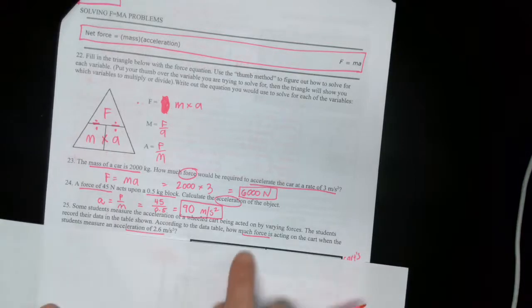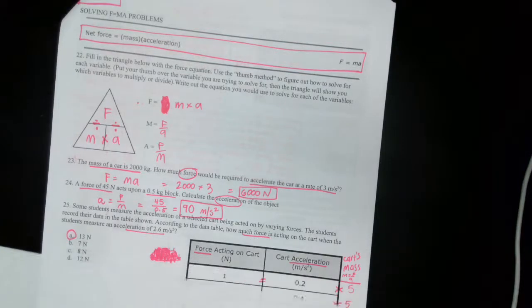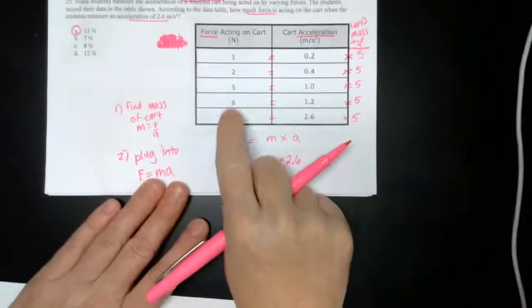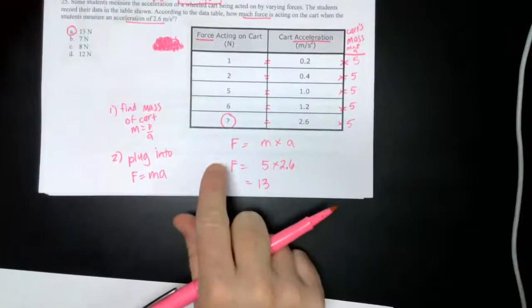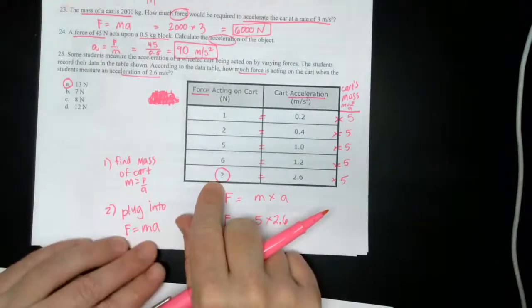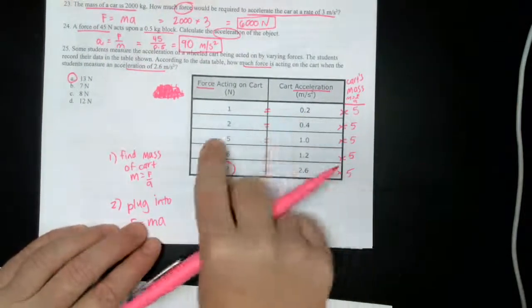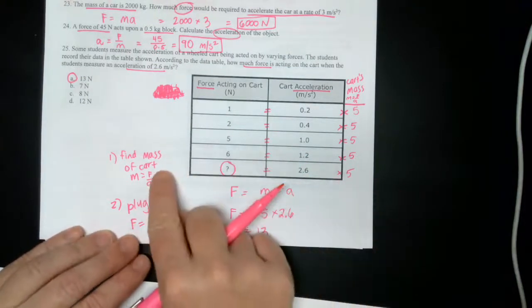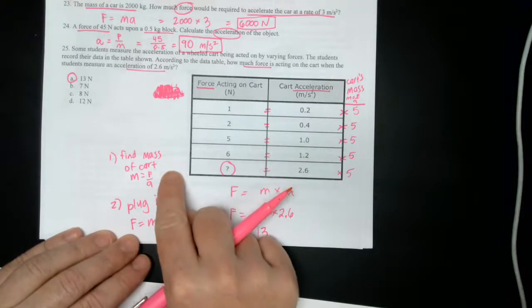If we're trying to figure out the force acting on a car and we're given this different data table, what we really have to look at is how can we rearrange and use the data to find the variable here. So I know that it's the same cart being used in all of these different tests. And I know force equals mass times acceleration. So step 1 is I'm just going to find what's the mass of the cart.